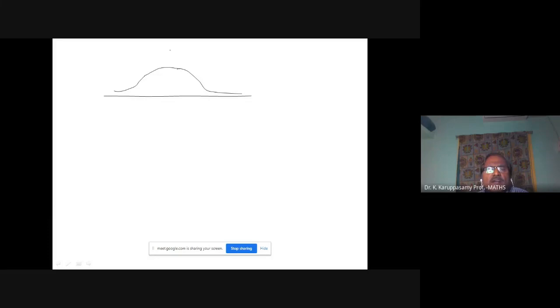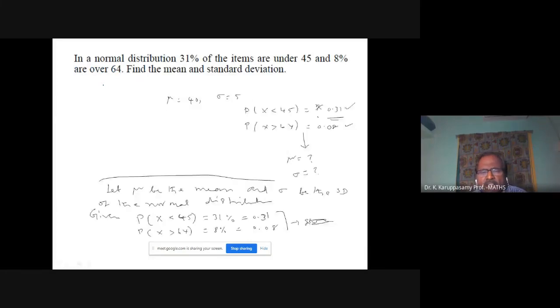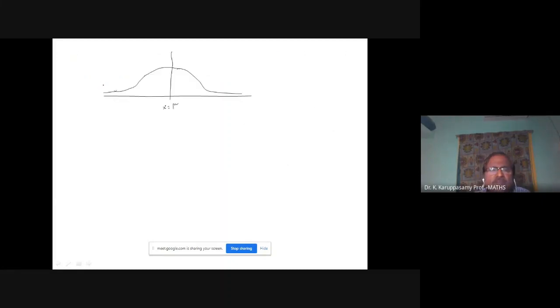This is my x equal to mu case. I don't know mu. This is x equal to mu, the center line. For the standard normal variable, mu is equal to 0. For other problems, we are going to find it out. The first information is that the probability of x less than 45 is 0.31. It is below 0.5, so the x equal to 45 line lies in the left half.